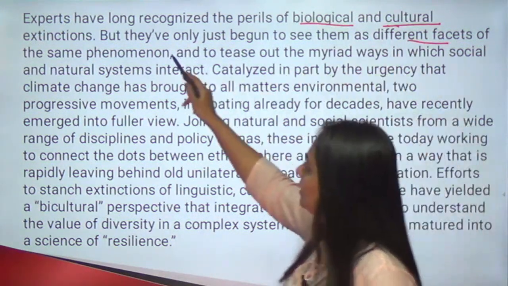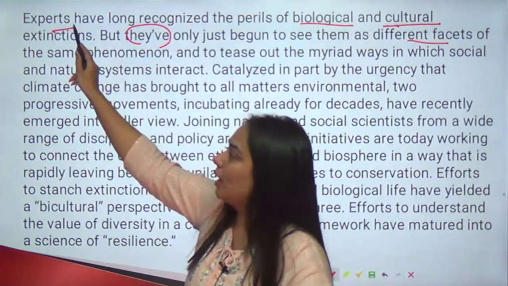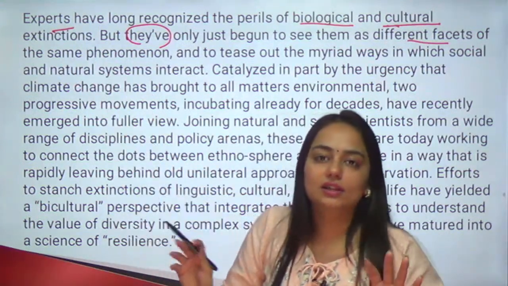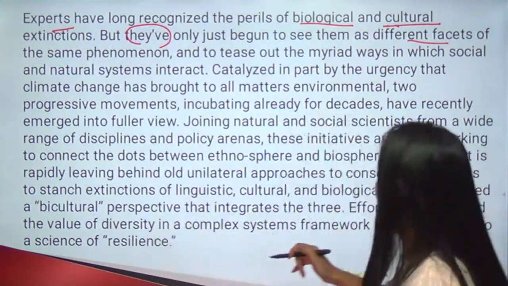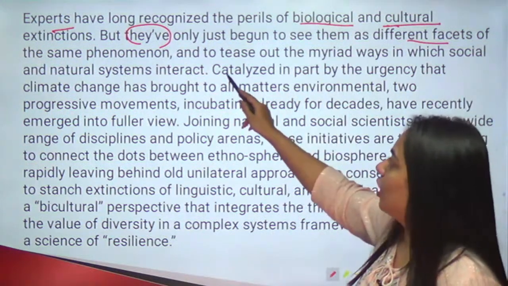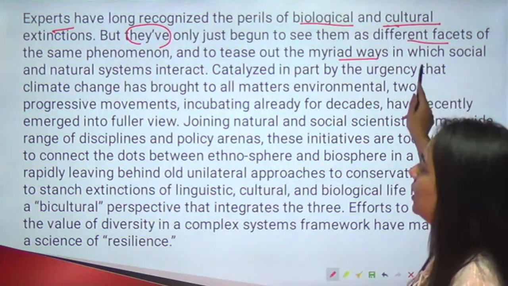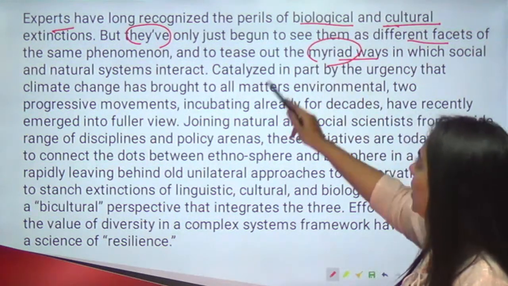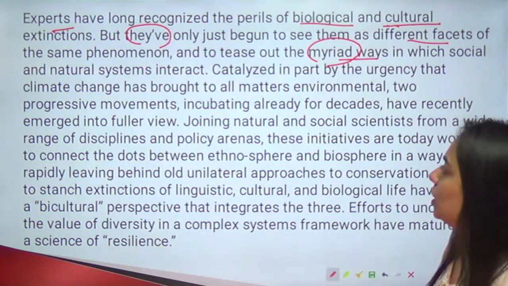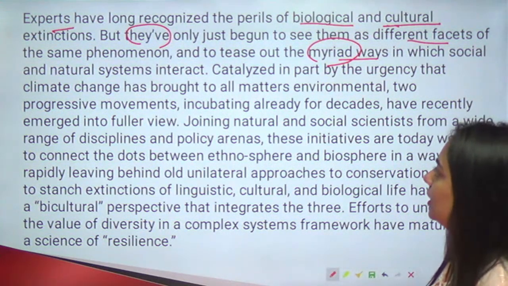Who are they here? They are the experts. So now finally the experts have started seeing these as two different facets of the same phenomena and to tease out the myriad ways, myriad is multiple, varied ways in which social and natural systems interact.